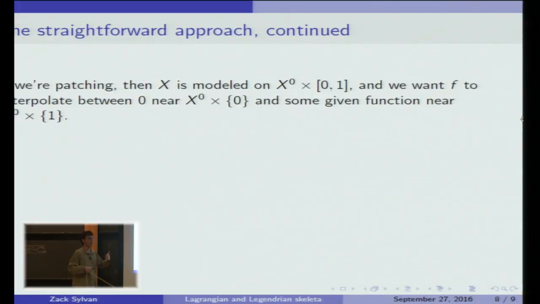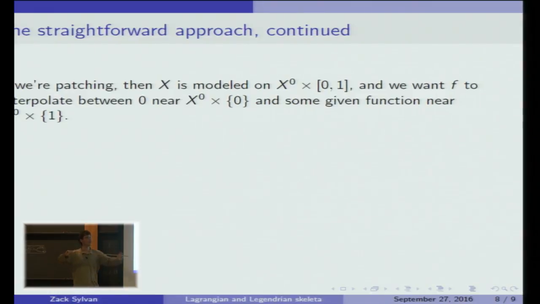So if we're patching 2 of these things together, then we should imagine that they live over an interval. On one end of the interval, we have f equals 0 because we have the initial sigma. And on the other end of the interval, we have some strange f for the sigma prime.